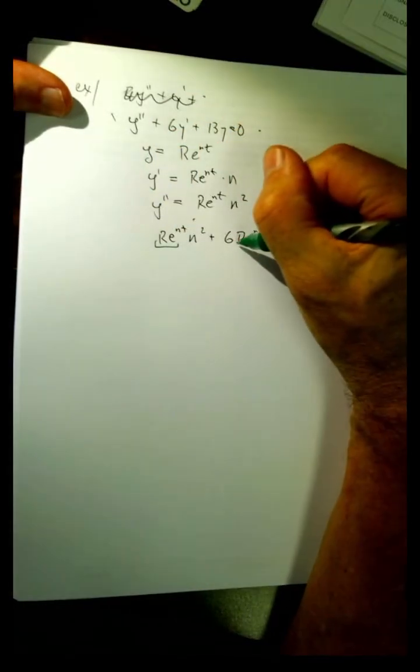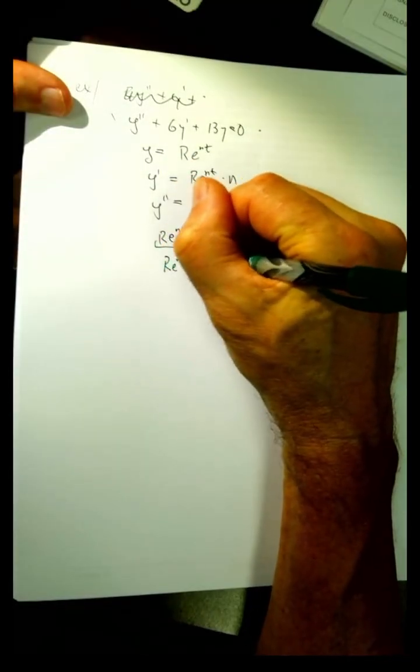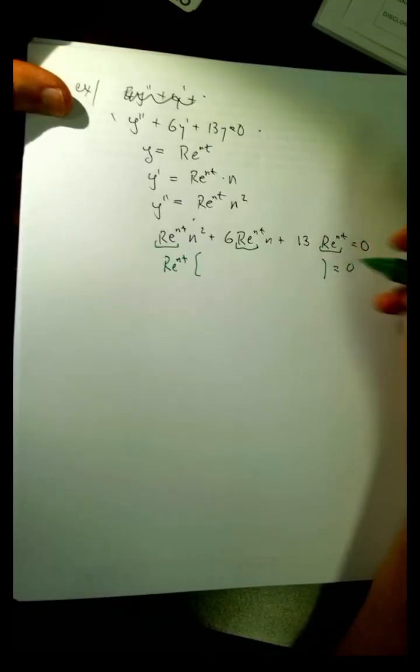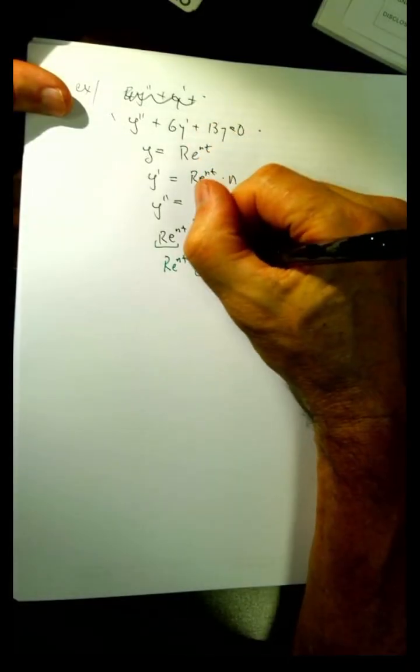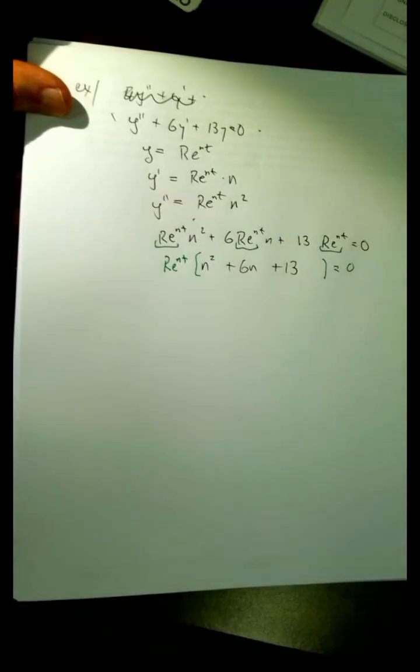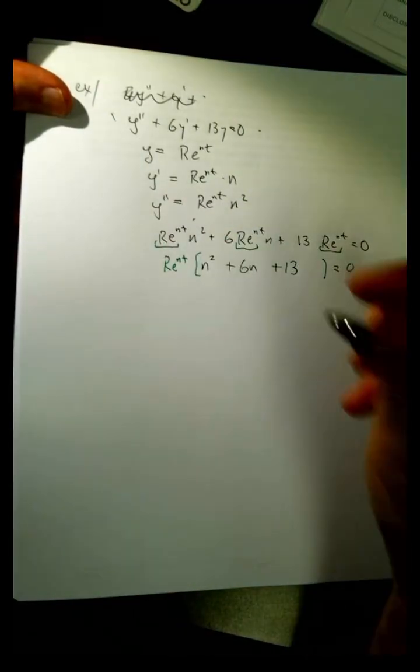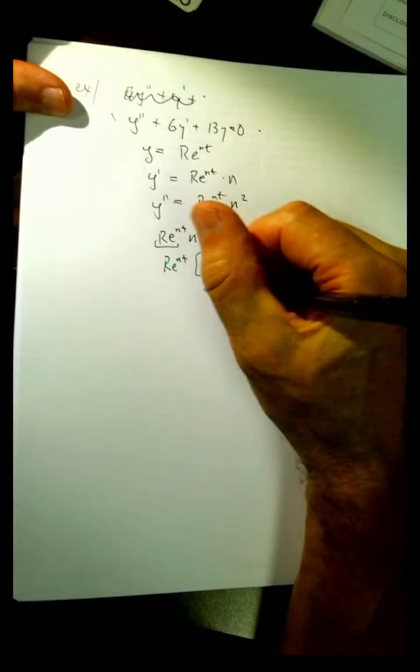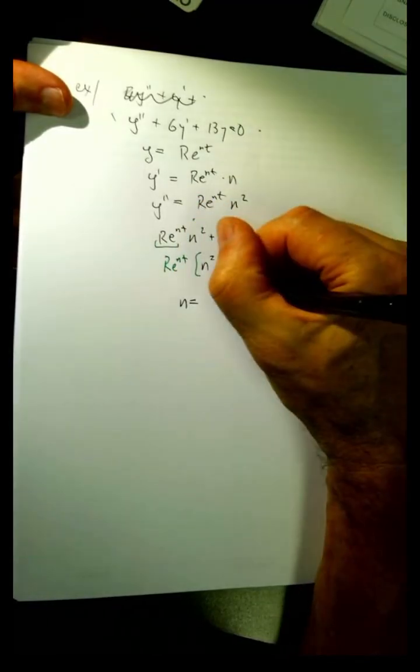And I have this term in every part, so I can factor that out. I'm left with n squared plus 6n plus 13. Again, I can't factor that immediately. So let's do this. I'm going to just use the quadratic equation.